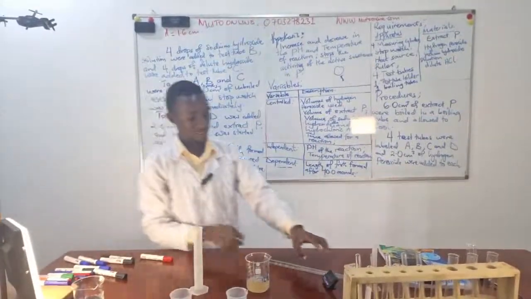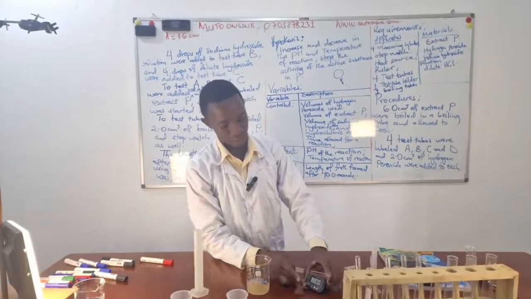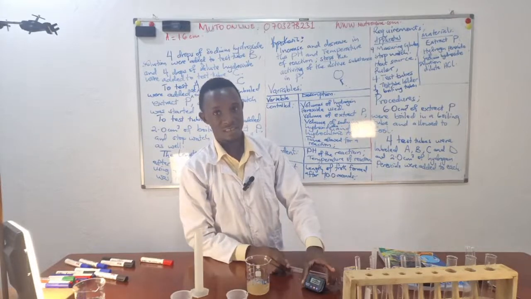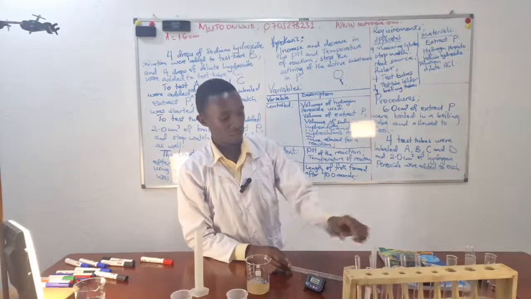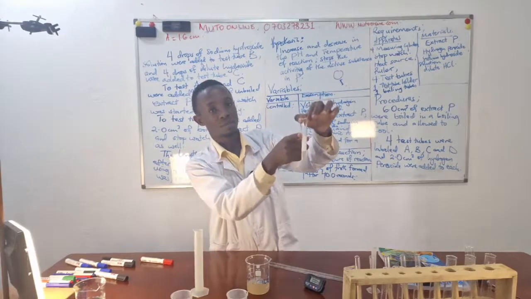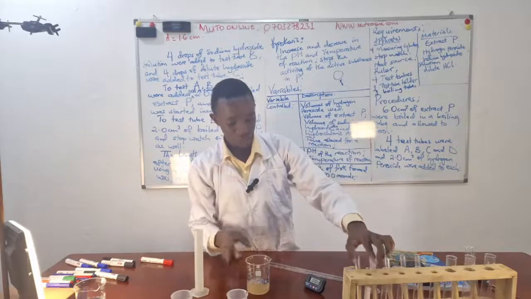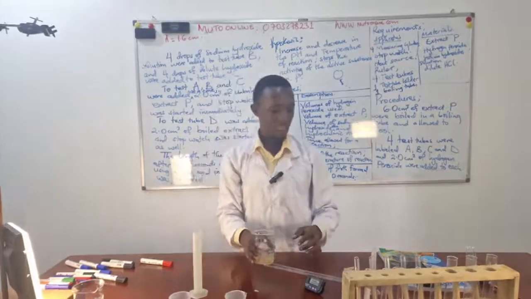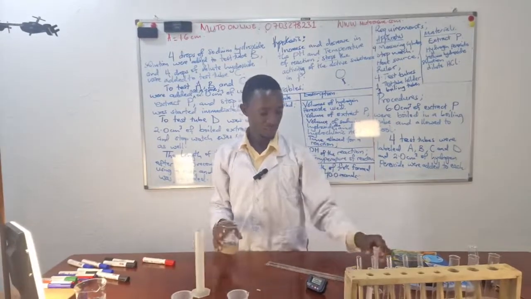After 40 seconds, I'll stop my timer and then rewind it. I think you've seen the froth forming. This is the froth I'm talking about. I'll again measure another 2 cubic centimeters.